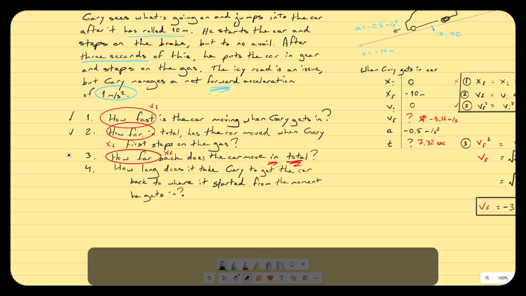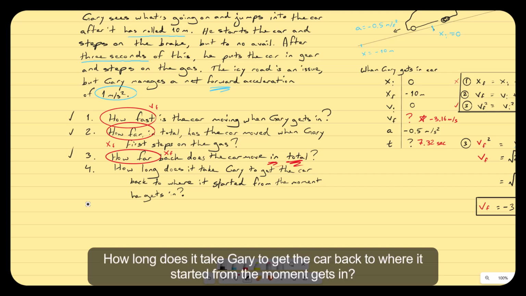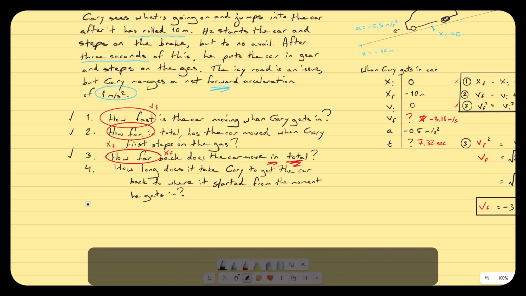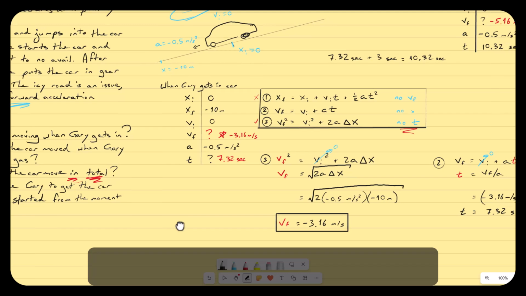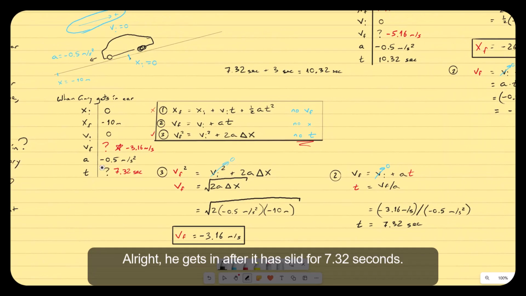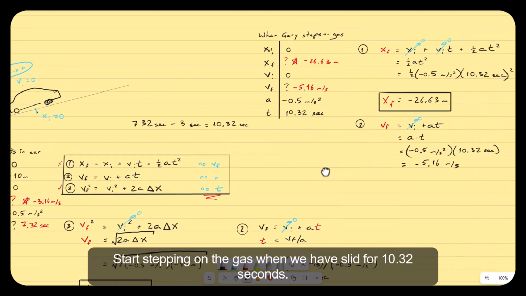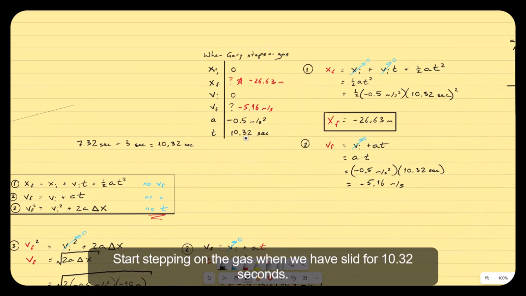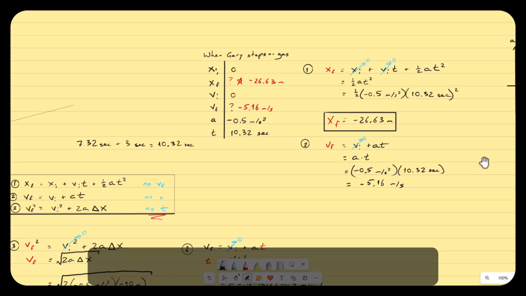So that one's done. Last one, told you this was a long, difficult problem. How long does it take Gary to get the car back to where it started from the moment he gets in? Alright. He gets in after it has slid for 7.32 seconds. He starts stepping on the gas when we have slid for 10.32 seconds.